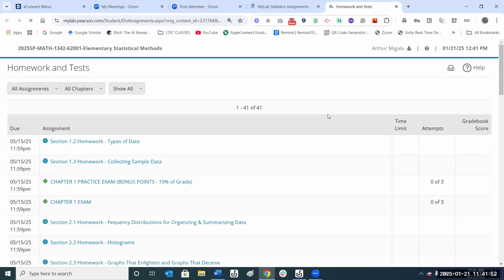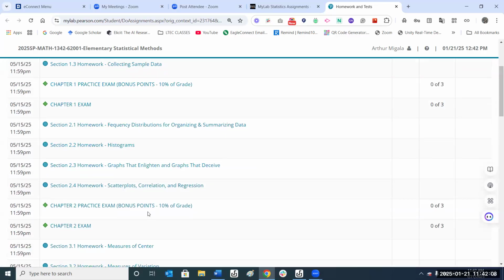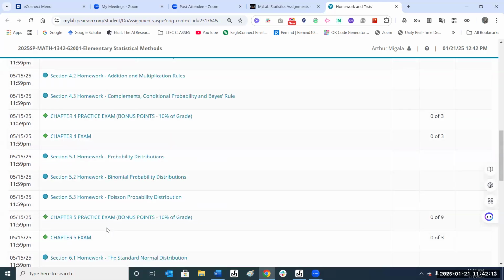Make sure you go to Assignments because that'll list all of your homework and your exams. So you start off with the first homework assignment, do those, take the practice exam, take your exam. Then you do chapter 2, take the practice exam, and then take the exam. So it's all top down from there. That's how we're going to do the semester.